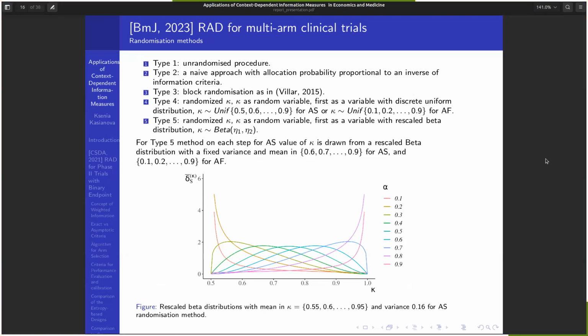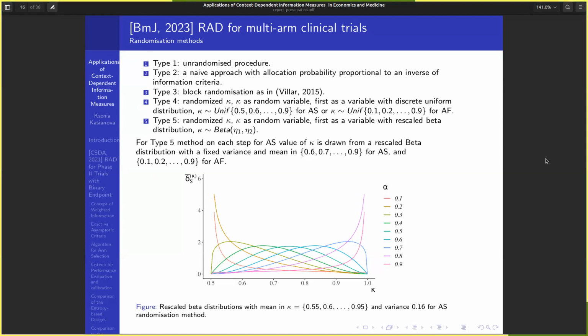We use the block randomization method, which was presented in the paper by Wheeler and applied to the Gittins index, and we made the same thing but with our entropy criteria.